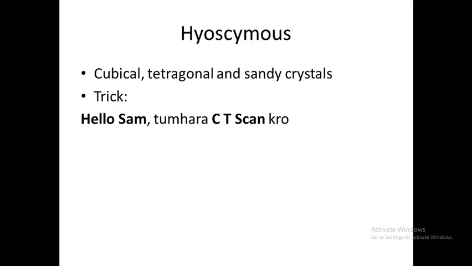This hyoscyamus contains three different types of calcium oxalate crystal: first cubical, second tetragonal, and third sandy-type calcium oxalate crystal. How will you remember these three different types in the hyoscyamus plant? हायोसाम तुम्हारा CT scan करो. So हायोसाम indicates hyoscyamus. In CT scan, the capital C indicates cubical, T indicates tetragonal, and scan indicates the sandy-type or microspheroidal-type calcium oxalate crystals.